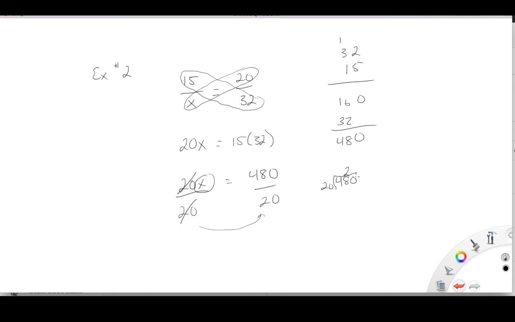We know this goes in twice, which is 40, and we're left with 80, and that means it's going to go in 24, which means our answer is 24. So 15 over 24 equals 20 over 32. That's our answer. All right. I think you understand kind of the concept here. It's kind of about just doing these over and over.